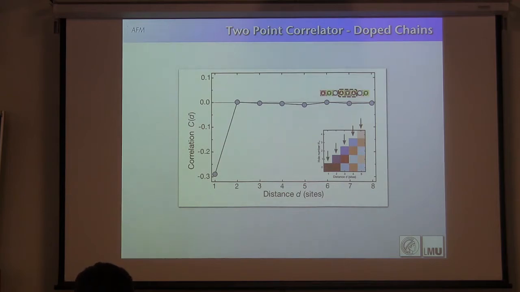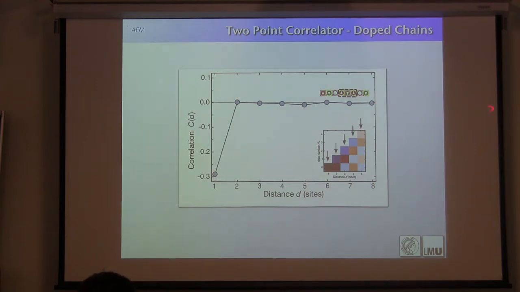Enough theory. Let's look at this in the experiment. So here we looked at 1D chains, which we doped with random fillings from 80% doping to 10% doping. If you just look at the two-point correlator, where the spins sit right next to each other, of course they have to be antiferromagnetically aligned. There can be no hole in between. So distance 1 is always antiferromagnetic.